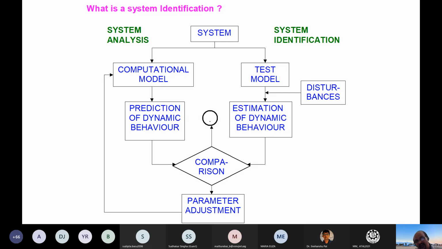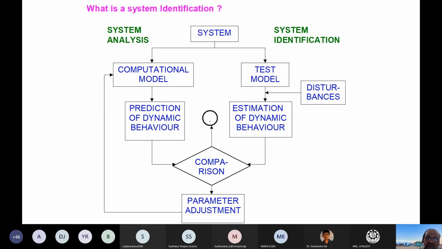I have fever, that means I have the response, and I need to know why the fever is there. So the doctor does different experiments or tests: blood test, maybe urine test, maybe different tests depending upon the severity of the fever. Now you have the test data, and using those test data, you want to know why the fever is there.